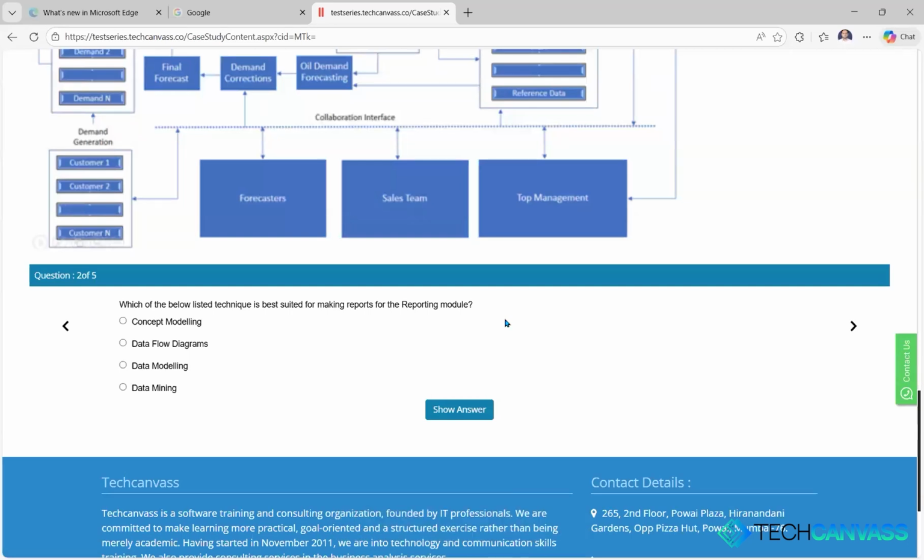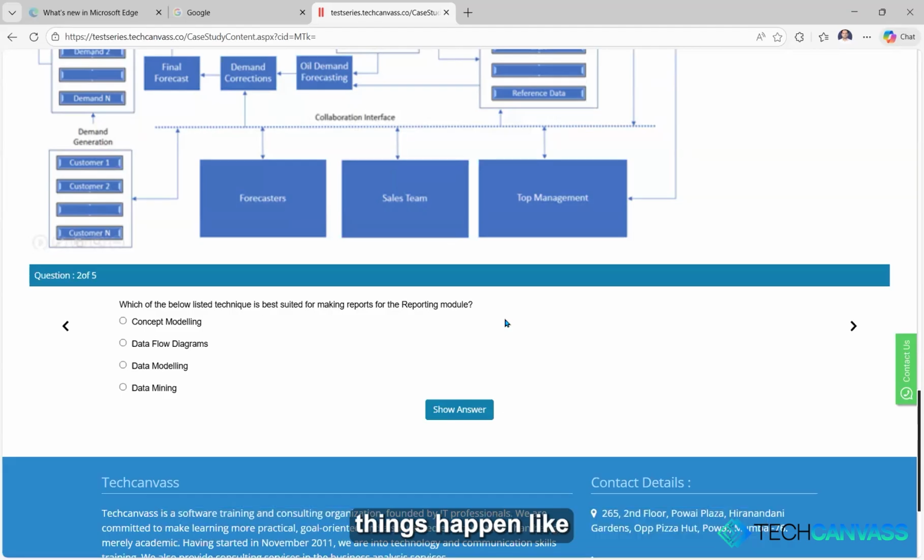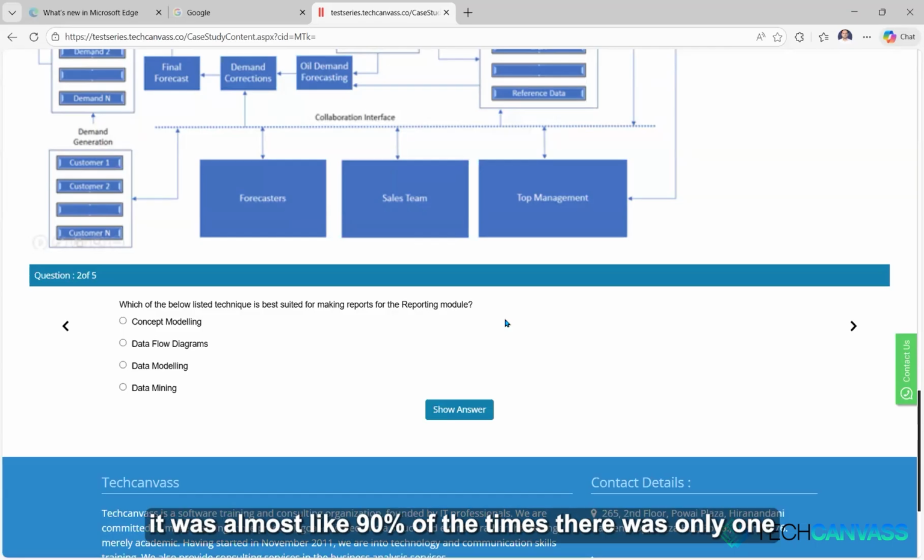From your experience, based on all the questions you have answered in the exam, what's the percentage of such questions where you really do not need to read the case study? I understand this is not written in stone. I told you in the beginning, in my case it was almost 90% of the times.